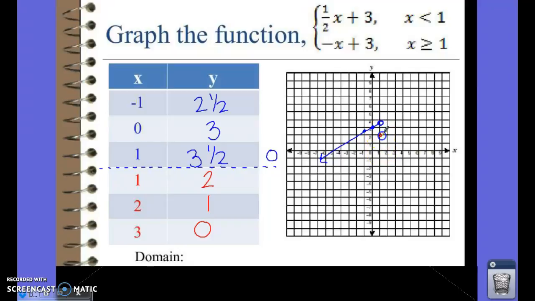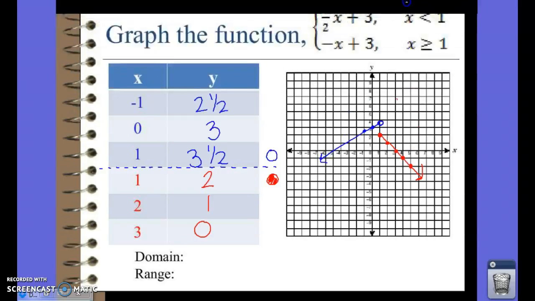So I have 1, 2, where this time, because the 1 is included, this gets a closed circle. 2, 1, 3, 0, 4, negative 1, 5, negative 2. And again, this graph is extending for all values bigger than 1, so it continues in that direction indefinitely.